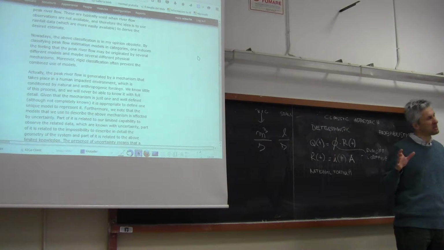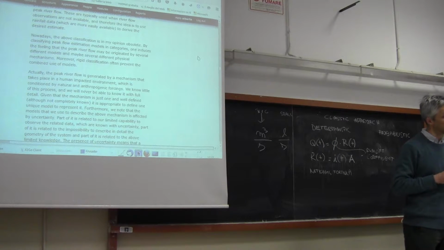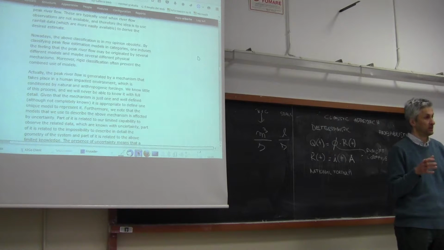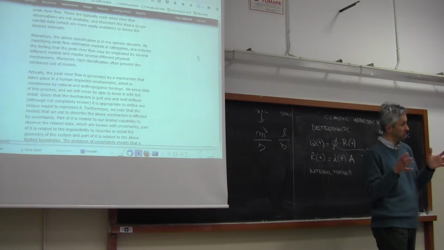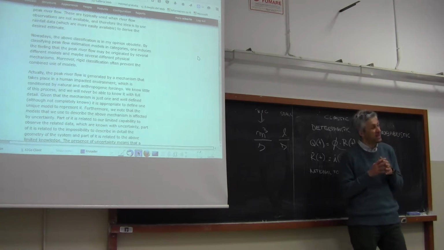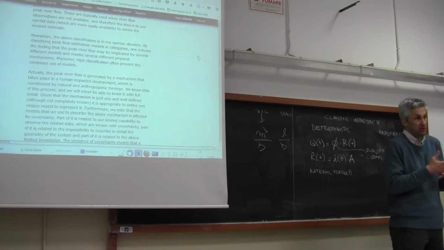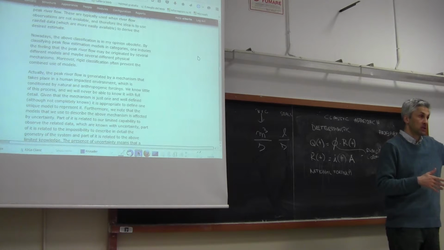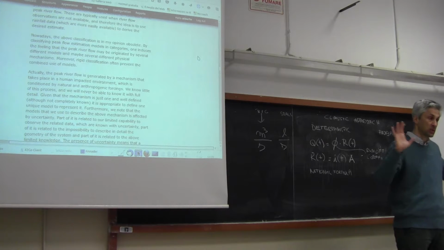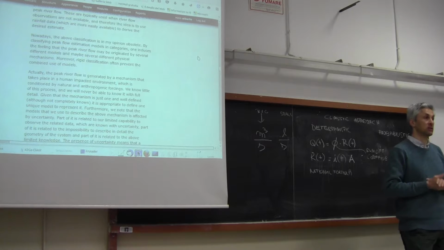And sorry, this may seem something like philosophy, but it's not. It has an engineering implication, because it's extremely important. We cannot really say that the mechanism is uncertain. The mechanism follows the laws of physics, the laws of ecology, chemistry, and it has its own trajectory. It's not uncertain. It's the model that is uncertain.